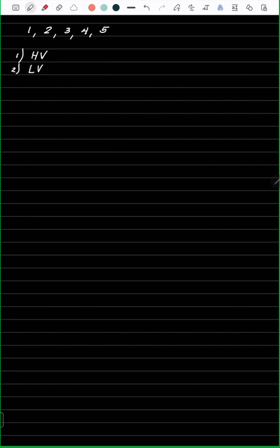For the highest and lowest value, it's very easy to determine after rearranging our data from highest to lowest or from lowest to highest. As you can see in our example, it's already arranged, so it's very easy to determine that the highest value here is 5 and the lowest value is 1.